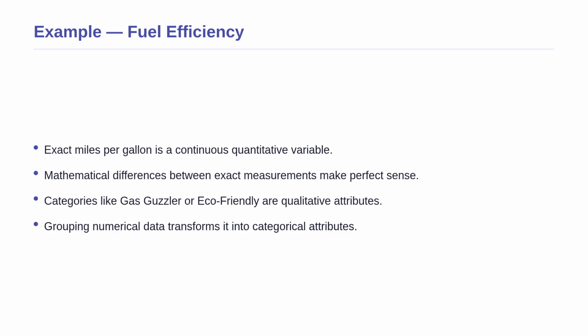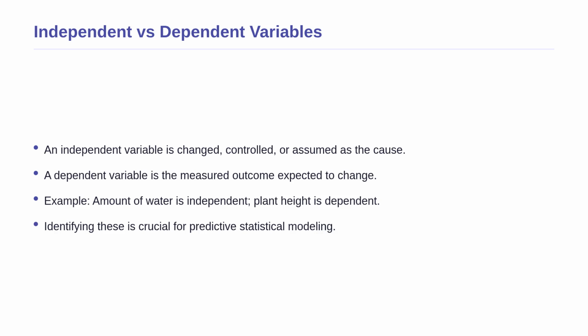Even though these labels are based on underlying numbers, the text labels themselves cannot be added or subtracted. By grouping the data, the researcher has transformed a quantitative variable into a qualitative attribute, making it easier to present to the public.